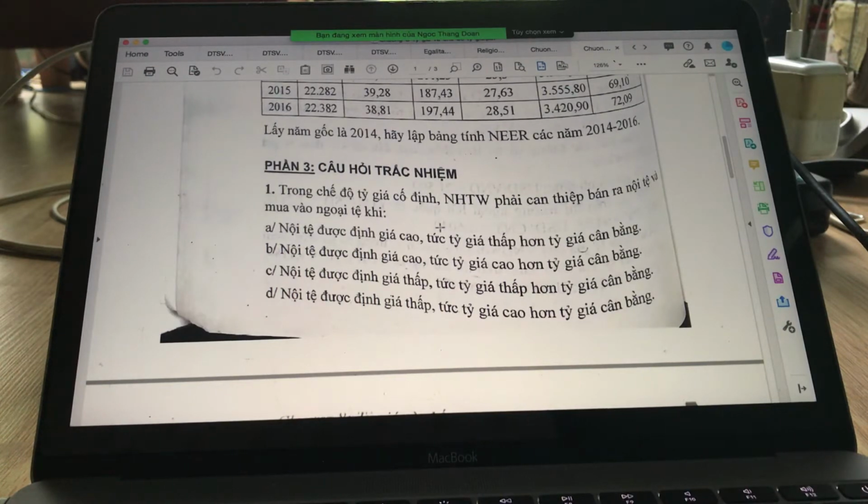I think the answer is B. No, the answer is A. In the fixed exchange rate, the central bank has to sell the domestic currency and buy the foreign currency. So your answer is A. Yeah. When the domestic currency is overvalued and the exchange rate is lower than the equilibrium rate.